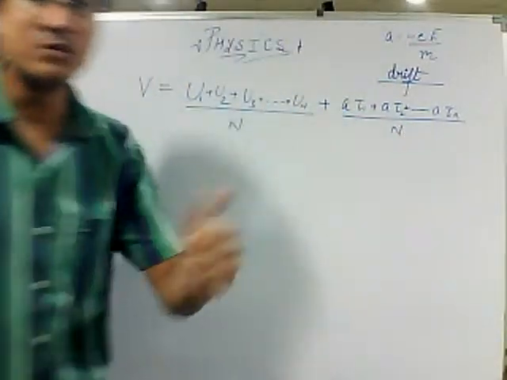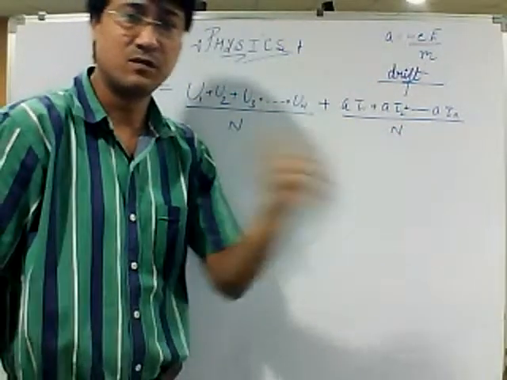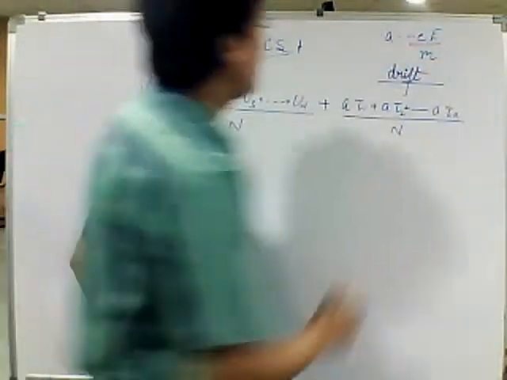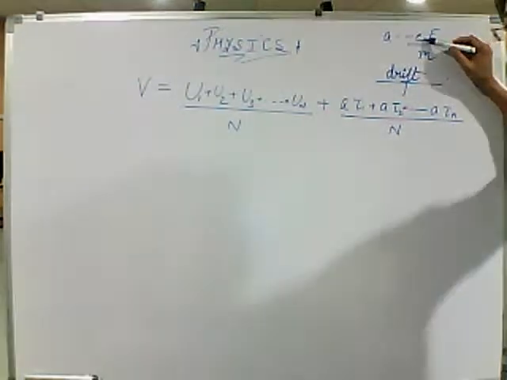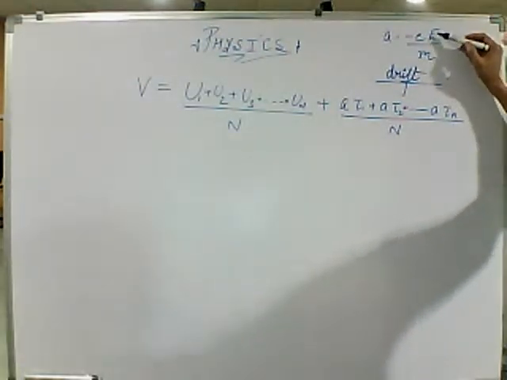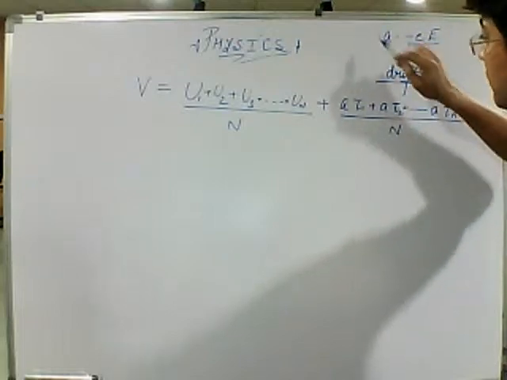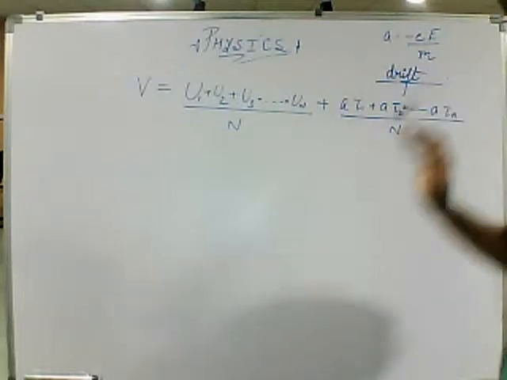Now acceleration won't be a1, a2. Please don't get confused. Why? Because acceleration is eE by m. All the electrons have the same charge and the same mass, and the electric field applied is also constant for all of them. So the acceleration provided to each electron will be a constant a.